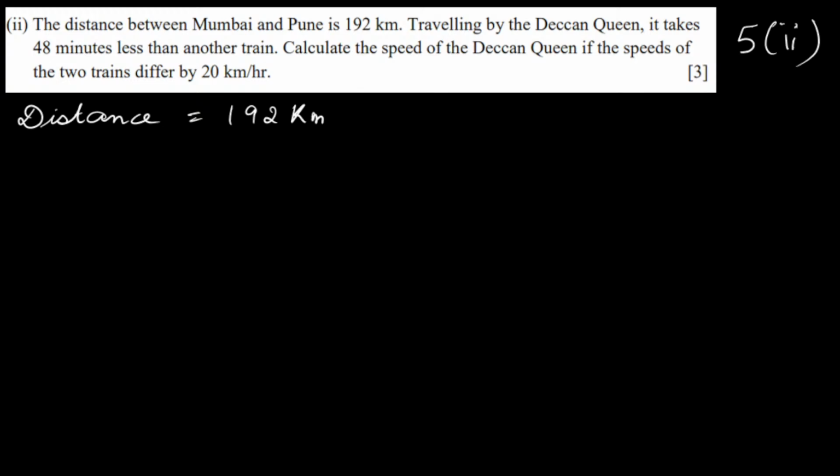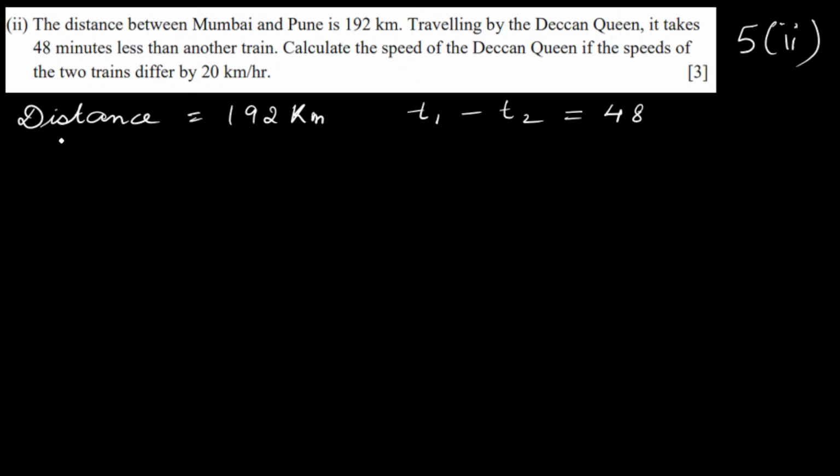If we travel by two different trains, their time difference is given. So that means T1 minus T2 is equal to 48 minutes. Minutes we can convert to hours later on. Calculate the speed of the Deccan Queen if the speeds of the two trains differ by 20 kilometers per hour.